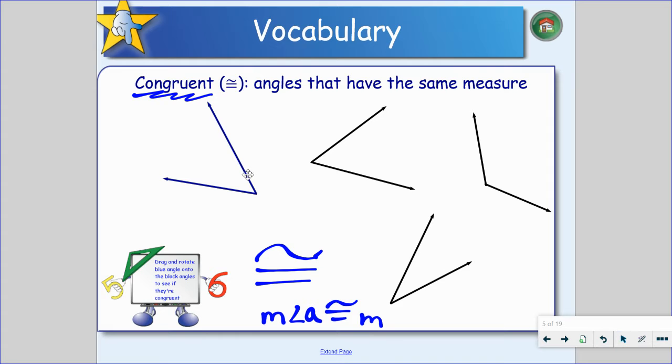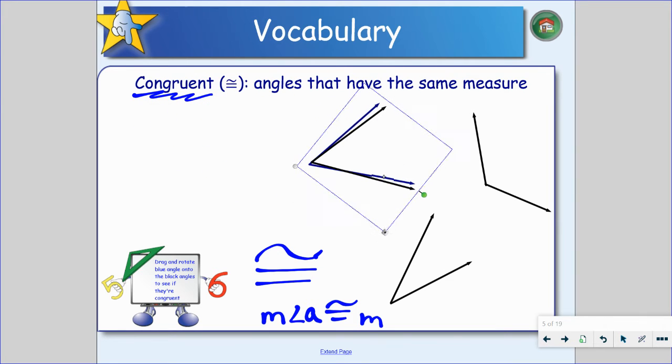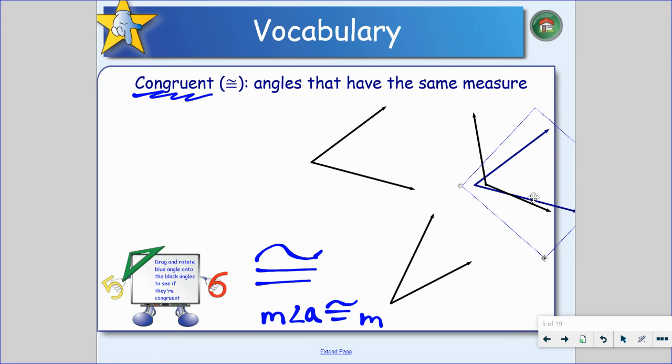Now, what about, can we identify which angles are congruent? Well, sure you can. You could actually put angles right on top of each other and say, yep, same size, same shape, those are congruent. Now, if I try to do that with any of the rest of them, you can clearly see that one's not going to fly. Whoops.